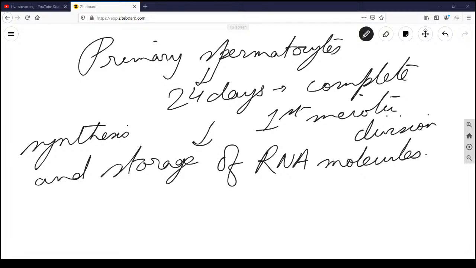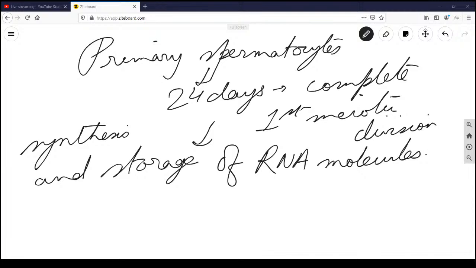Okay, so the thing is, RNA transcription is a very, very active process from the early stage of spermatogenesis to the time when spermatids begin to form. So you need to keep a lot of mRNA, rRNA, tRNA molecules with you. One more thing I'll tell you, which is extremely important for the NEET examination, is protamines.